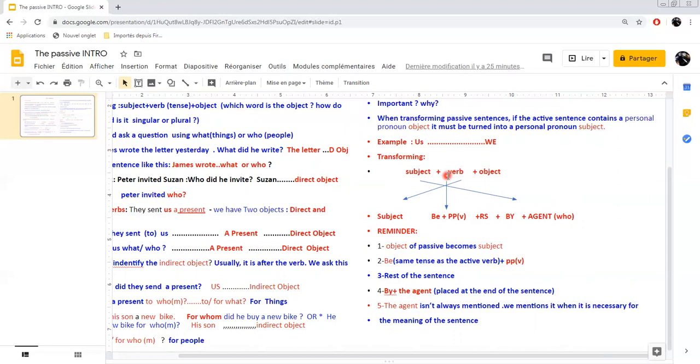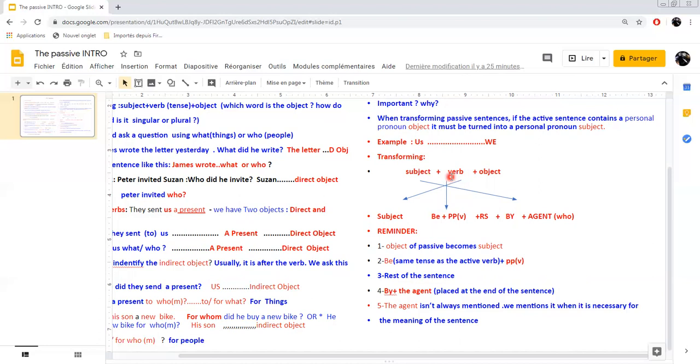Concerning your verb of the active, in the passive you must use the auxiliary to be plus the past participle of the verb of the active. And what is important here is that to be must be used in the same tense as the active verb, meaning if the verb here is in the simple present, to be must be in the simple present.